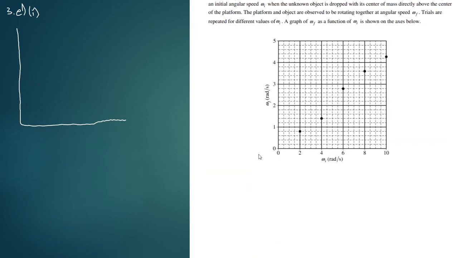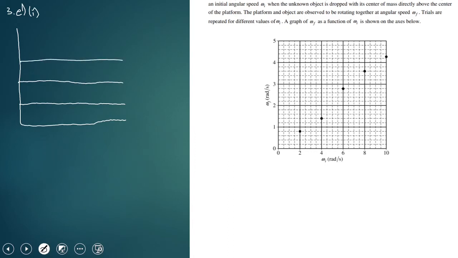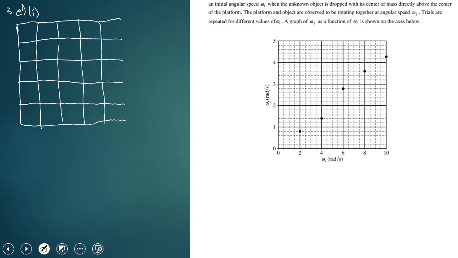So we have point 2, 0.8. So I'll draw lines. That's 1, that's 2, that's 3, that's 4, that's 5, and then that's 2, 4, 6, 8, 10. So it's kind of like a checkerboard, and so we have the point 2, something like that, around there.